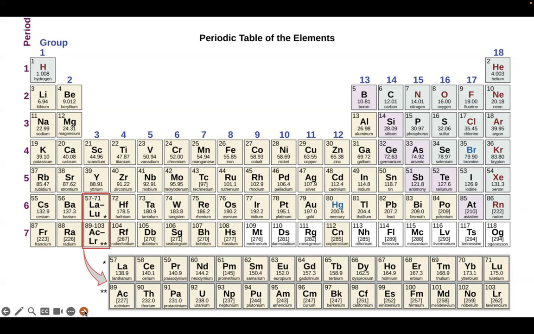So here in the yellow, we have metals. In the green, we have nonmetals. And in the pink here, we have transition metals. Or, sorry, not transition metals, metalloids.